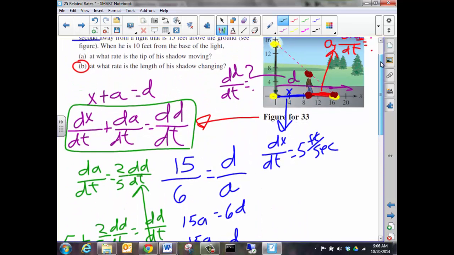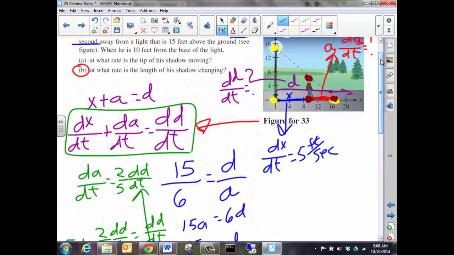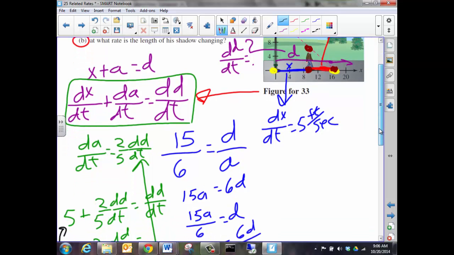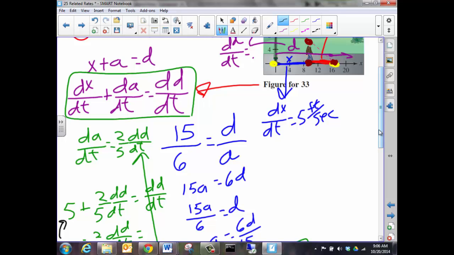So then dA over dt, his shadow is getting shorter faster because he's walking the other direction? Yeah, that makes sense. Just by turning around, you made the shadow get shorter faster.